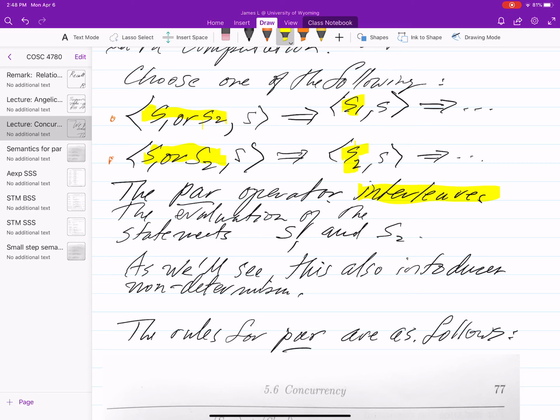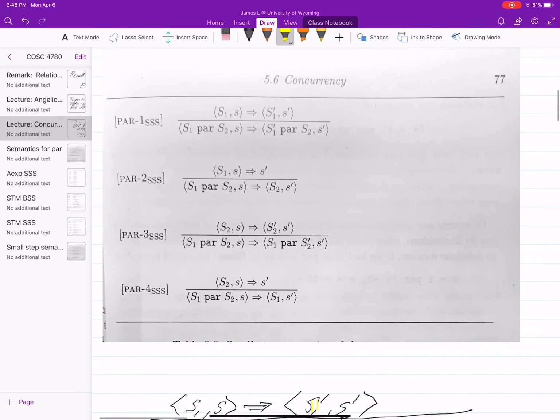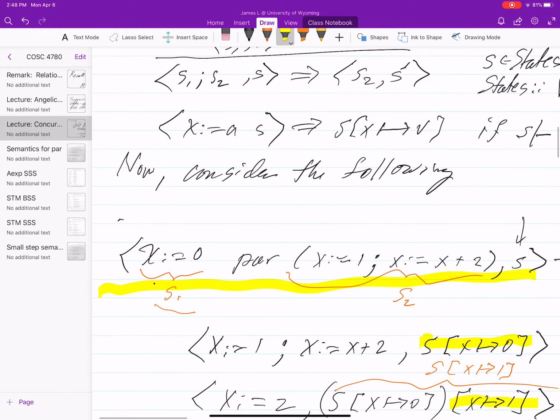It's sometimes called a complete shuffle. All possible orderings are included in there.